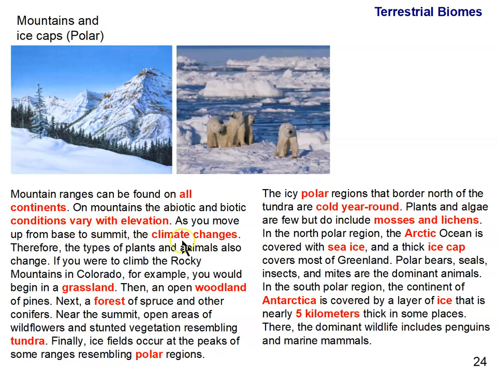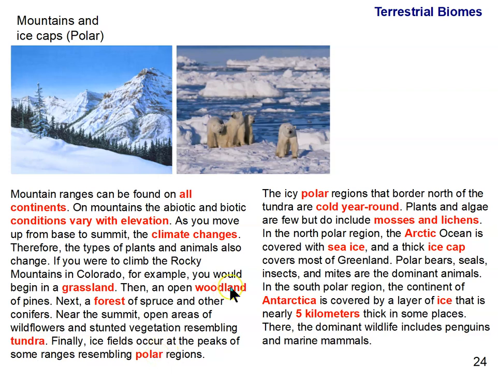And the conditions vary with elevation. In other words, the climate changes as you go from the bottom of the mountain to the top of the mountain. So like at the bottom of the mountain, you may start out in grassland, and as you go up, you'll go through a woodland and then a forest. And then once you near the top where it gets colder, a tundra, and finally a polar region at the very top.